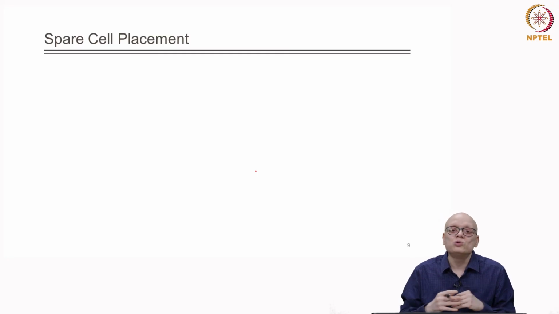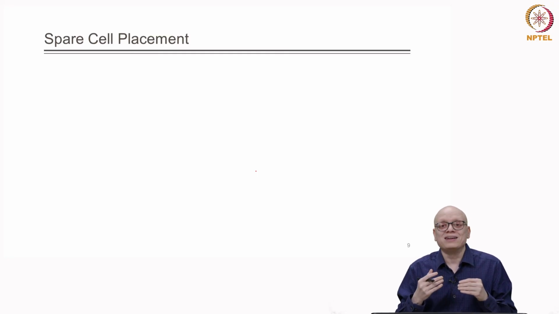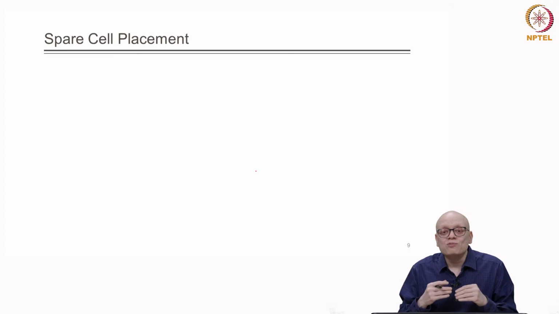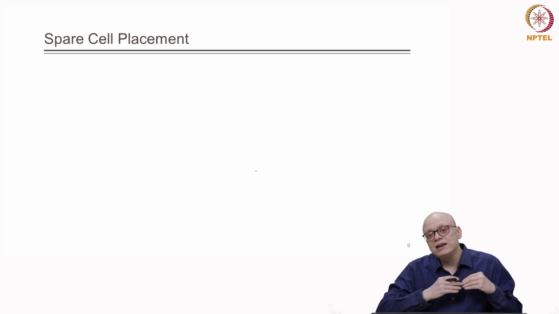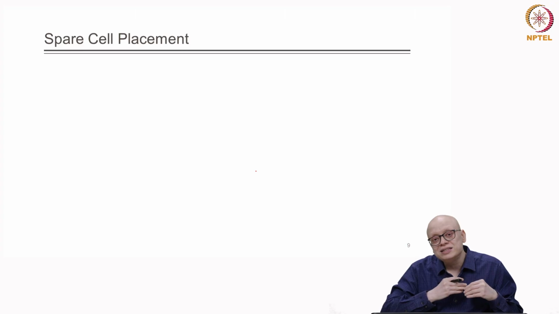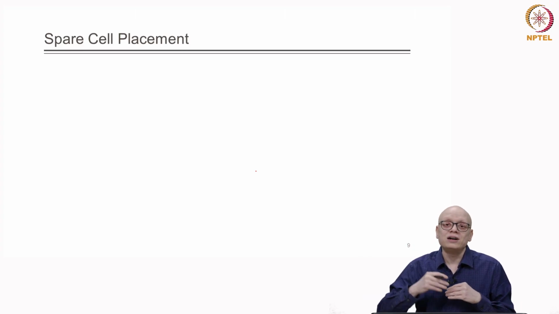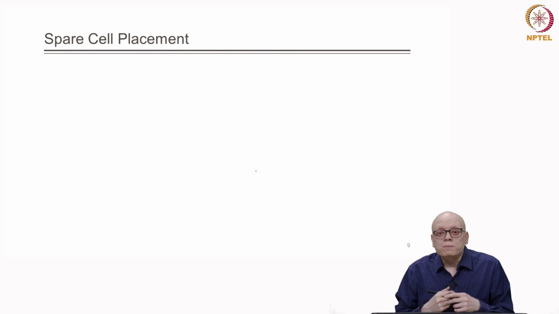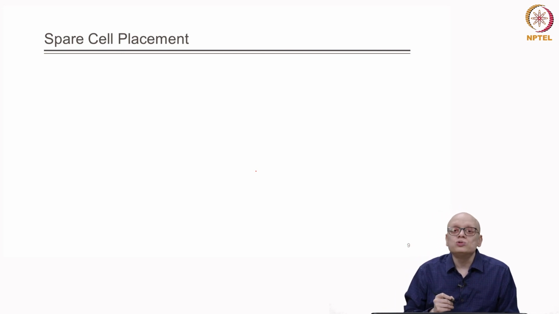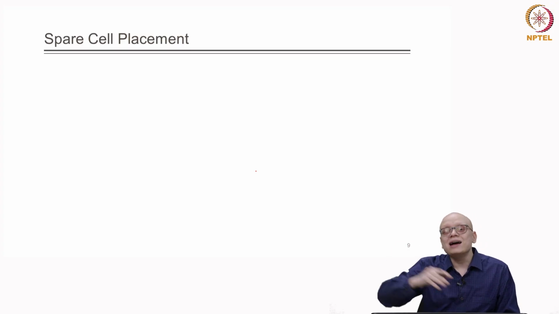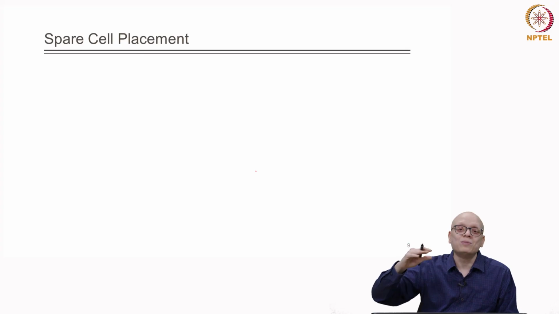If we are able to do that, then the cost of respin can be much less than if we need to make changes in all the layers of our design. So, spare cells are basically used in our design to help us avoid the entire respin of all the layers of the mask.